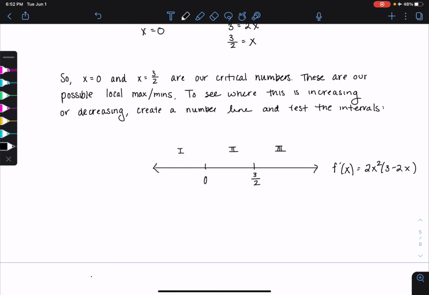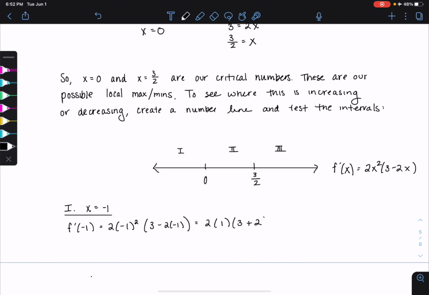So picking something from interval 1, you could pick -1, -2, whatever you want. But you want to plug this into the derivative. So that would be 2 times -1 squared times 3 minus 2 times -1. -1 squared is +1, and that would be 3 plus 2.